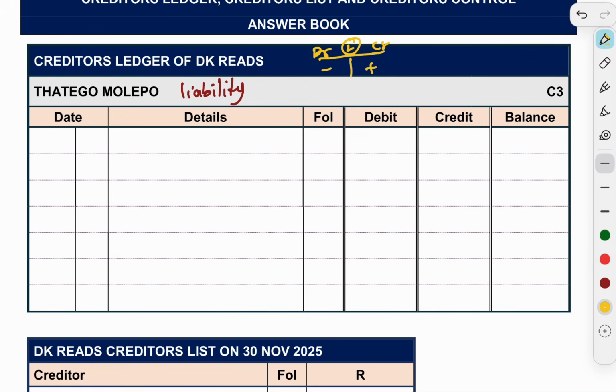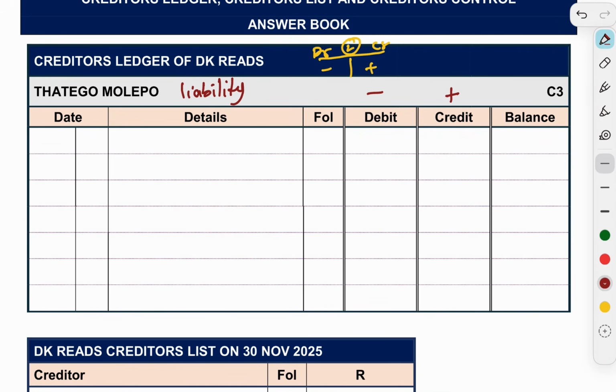You can also use that click if you don't understand or you can't remember where each account increases or decreases. Use that click. I think it's more useful as well. So since we are looking at the liability, we know that if the account of Thategô Molepo is increasing, we are going to credit that amount. If it's decreasing, we are going to debit that amount.